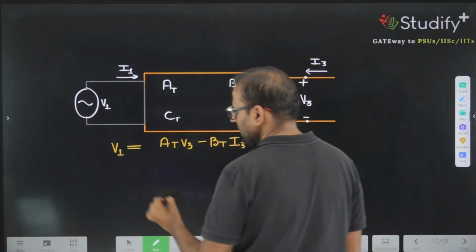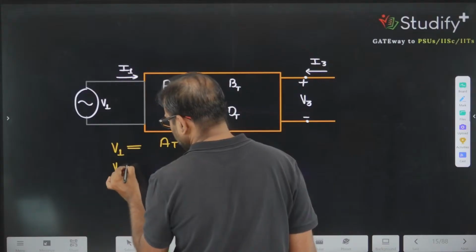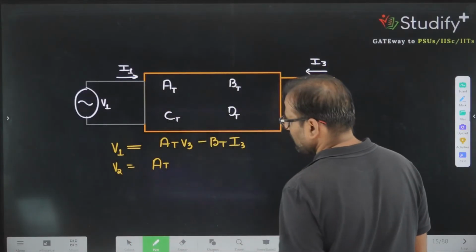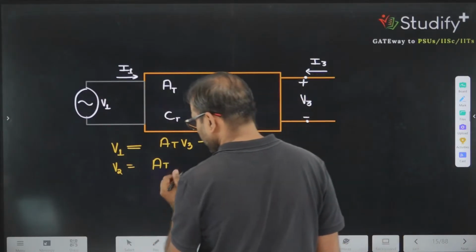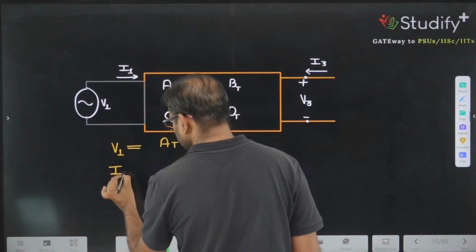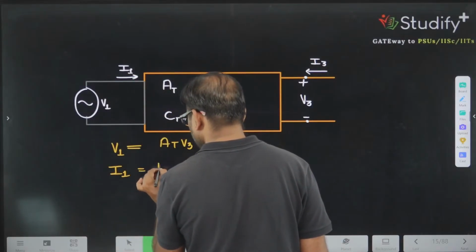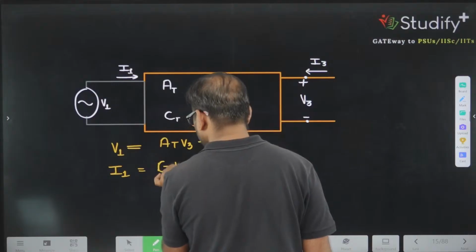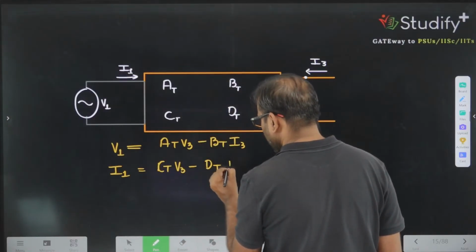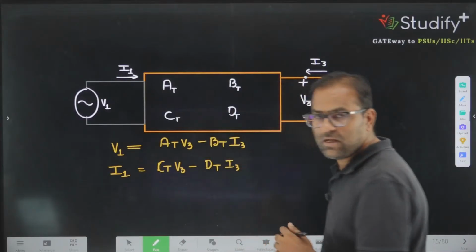Correct? And I1 can be written as CT into V3 minus DT into I3. Correct? Now we can calculate the Thevenin's equivalent.